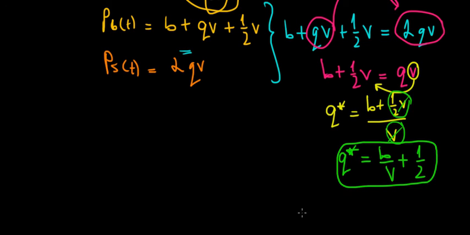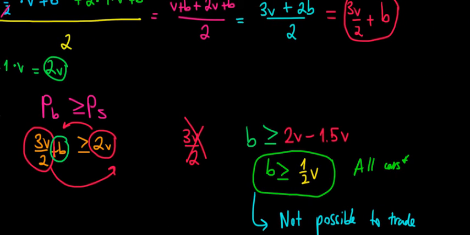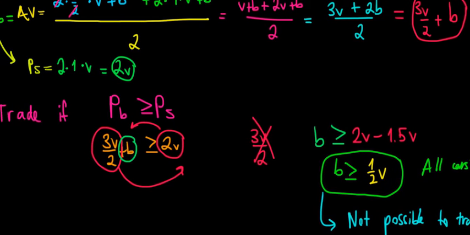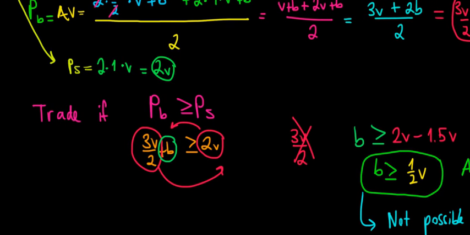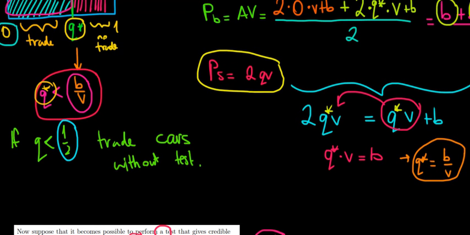So let's put all this data on the graph to see if we have a Pareto improvement or not. Recall from the previous videos that we found out that the quality at most can be 1 over 2 to trade cars without the test. So from here, let's crop that. If the quality is less than 1 over 2, then we trade the cars without the test.